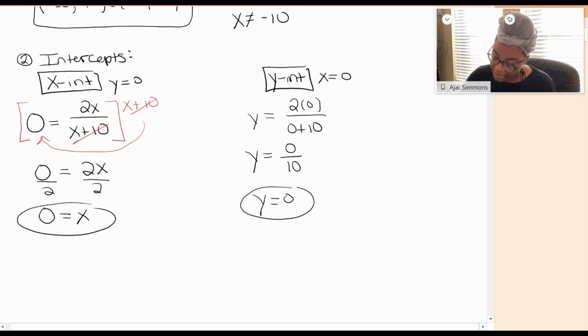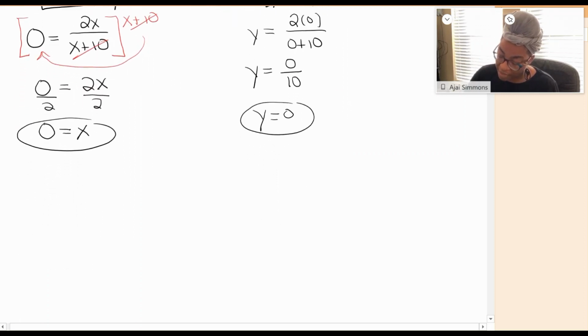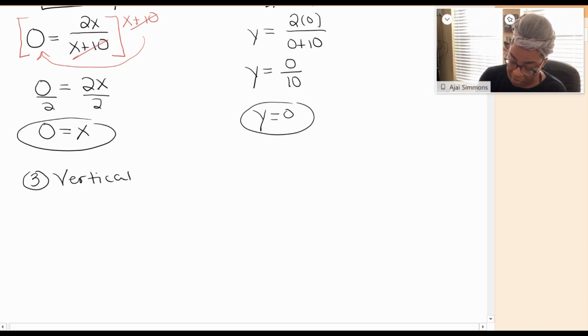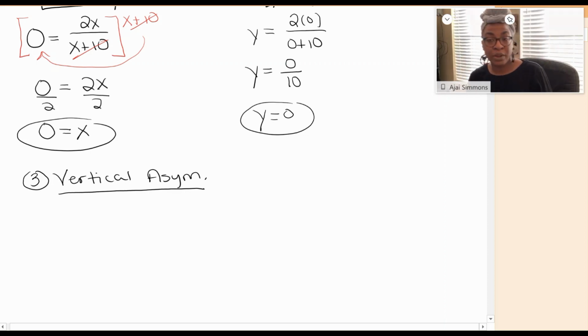Now, next in line, I want to find the asymptotes. So we're going to go through each one of the asymptotes and see if we can find them. First, I want to start out by finding the vertical asymptote. If you watched the previous video, in order to find the vertical asymptote, you need to first try to reduce the original problem.